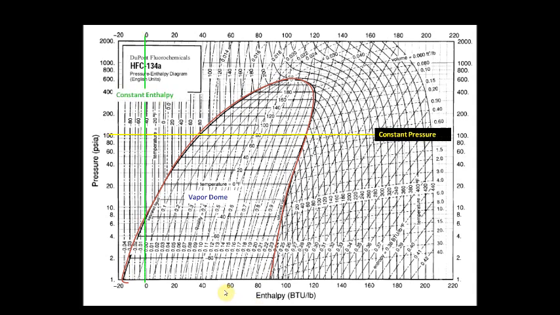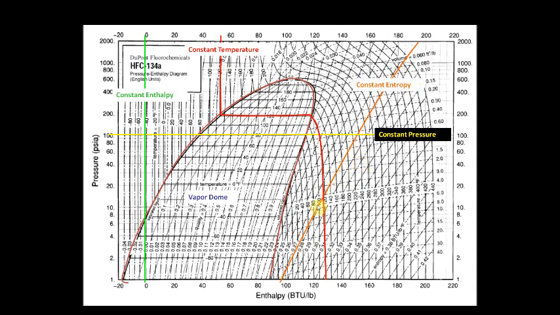Next, we have lines of constant pressure and constant enthalpy. Pressure runs horizontal across the chart, and enthalpy runs vertical across the chart. Next are lines of constant temperature, which come down, hit our dome where we have our saturation temperature, in this case our saturation pressure, then across down along the side.